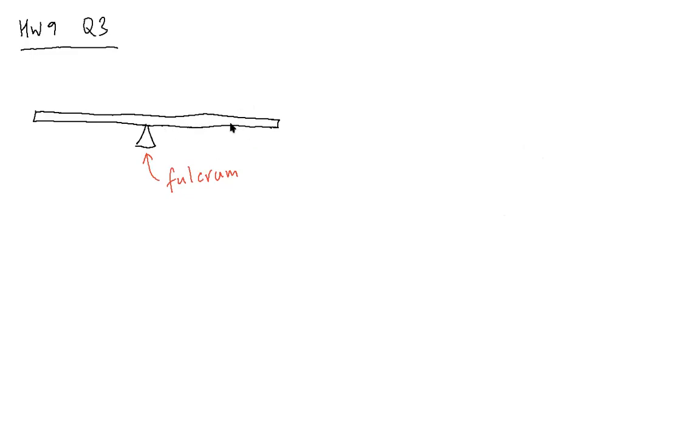So the seesaw itself has a mass, right? It has a mass, and so it's being pulled on by the earth. It's experiencing the force of gravity, right? Now, but gravity, remember, what gravity does to things is that it acts on the barycenter of the object.